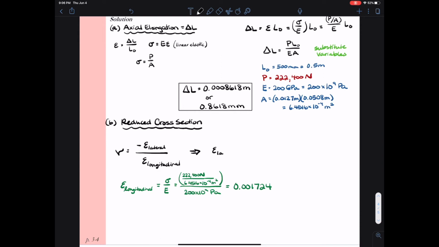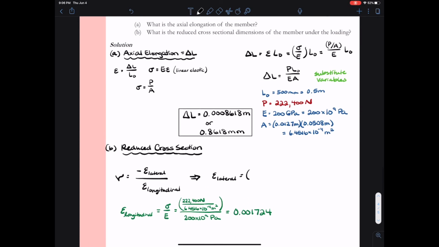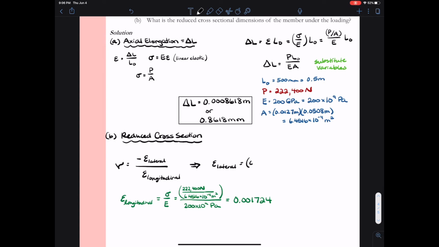All right, once I have the longitudinal strain and knowing Poisson's ratio for the material, and Poisson's ratio would be a material constant, so this is something you could almost, based on the material that you're using, look up in a table or in a material specification if you needed it for your calculations. So the strain in the lateral direction is equal to negative Poisson's ratio times the strain in the longitudinal direction.